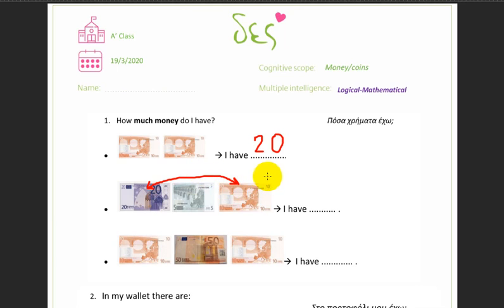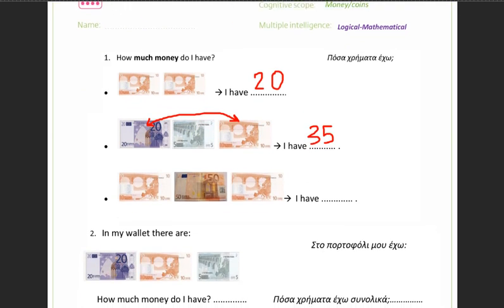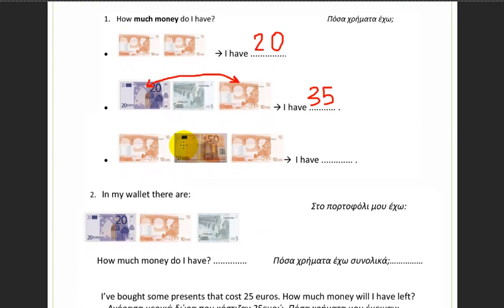Okay, great. If these two, the pink and the blue, are 30, well, then 30 and 5 would make 35. You'd get the same thing if you added 20 and 5, which would get 25, and then added another 10. You'd get the same result. It's just that this way it was a little easier for us.